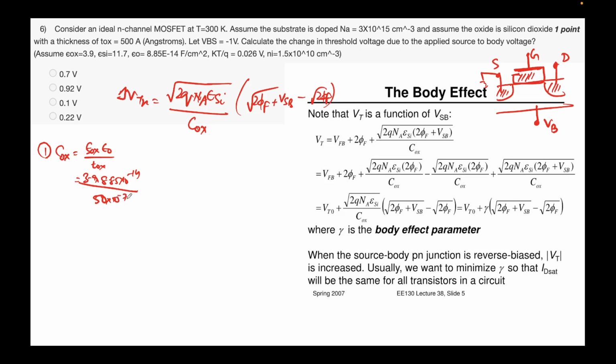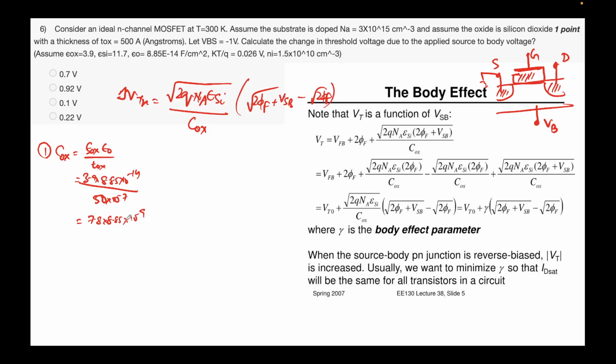Nanometers minus 9, so if converted to centimeters it will be minus 7. Okay, so this will be 0.5, so I can write it 7.8 times 8.85. This will be minus 5, this will be minus 9.